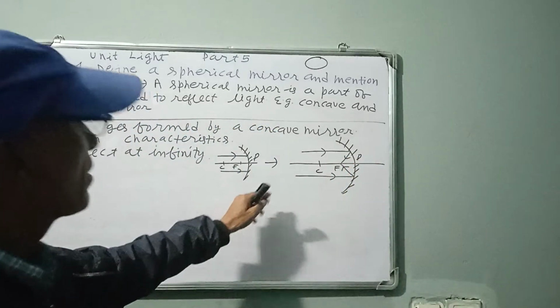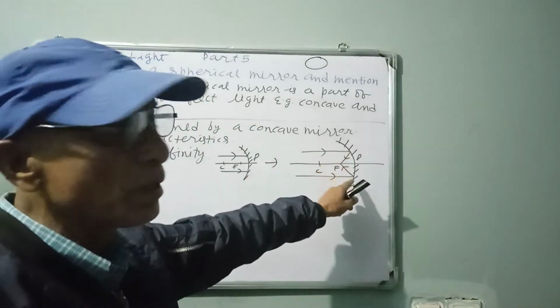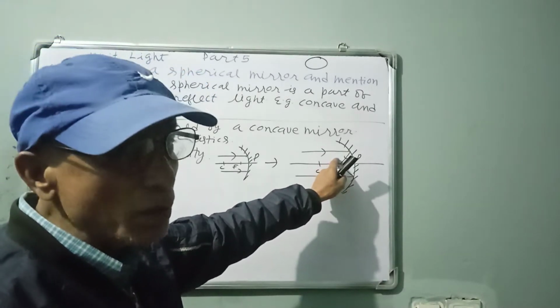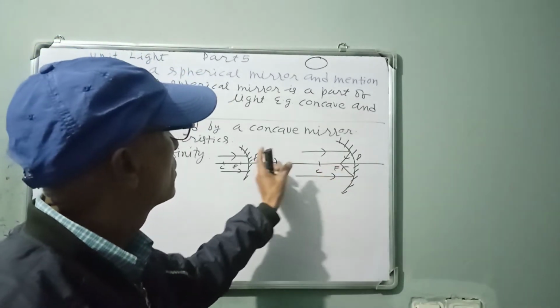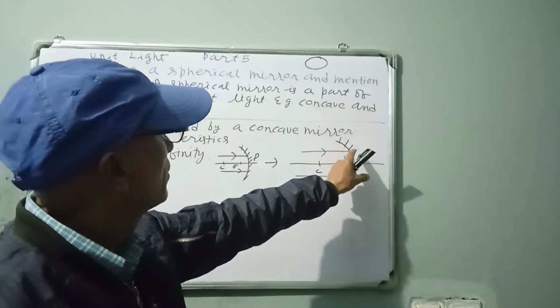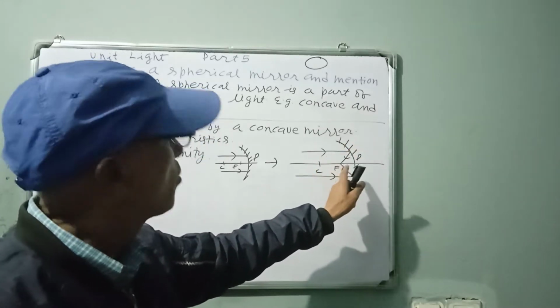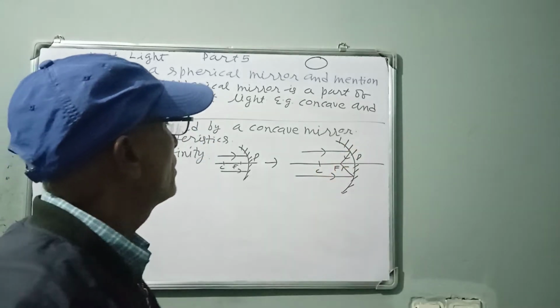The parallel rays of light after reflection converge to the focus. All the parallel rays converge to the focus after reflection.